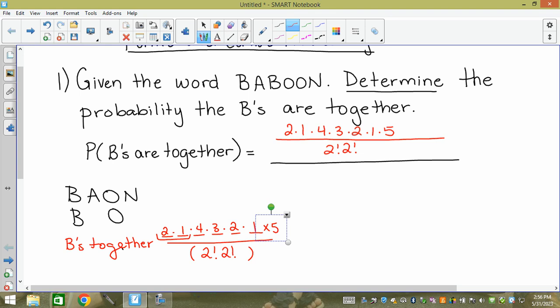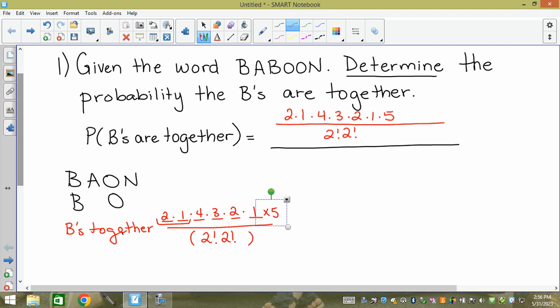My denominator is baboon, no restrictions. So that would still have 2 factorial, 2 factorial. But what do I have in the top? What goes in my numerator? 6 factorial, because it would be 6, 5, 4, 3, 2, 1. Right? No restrictions.